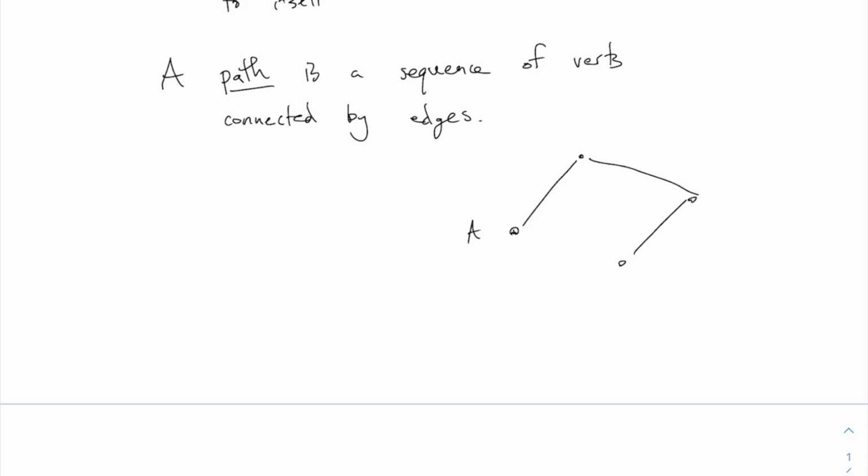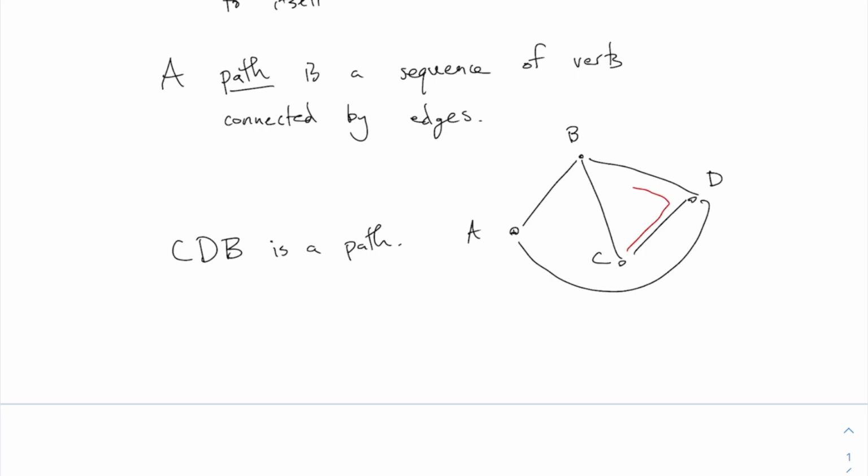Oftentimes, you have to give them names if you want to talk about them really specifically. How about this? So this is A, B, C, D, like that. A path is a sequence of vertices connected by edges. So in this graph, C, D, B is a path. It looks like that, right? It's a path from C to B, going through D, all right?